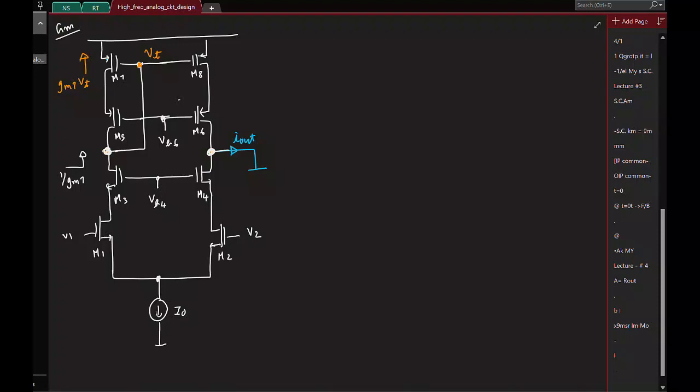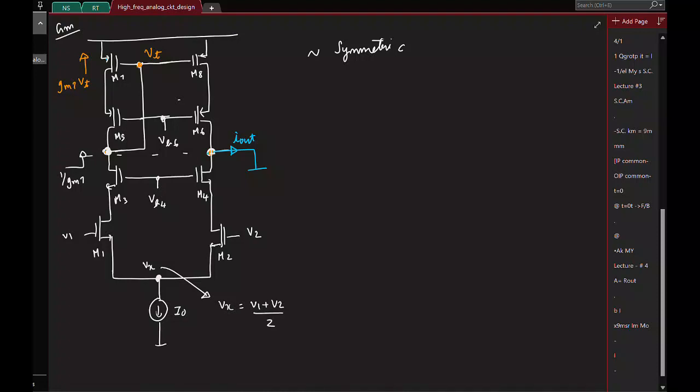So approximately the bottom half looks symmetric. Then can you tell me what this voltage will be? It will be the average of the two. We calculated for the other case, this will be the average of V1 plus V2 by 2.